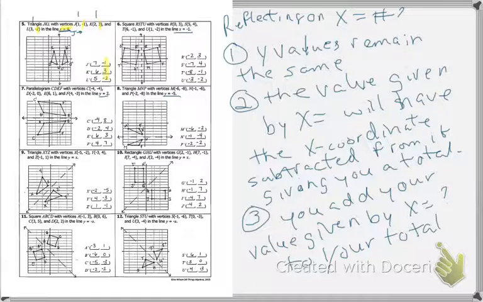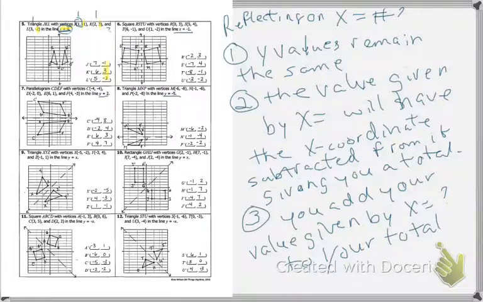So the value given to me is 4. I'm going to take away 1, which gives you 3. Your new coordinate, which is in step 3, is simply to take your value given and add in your total, and that's 7.